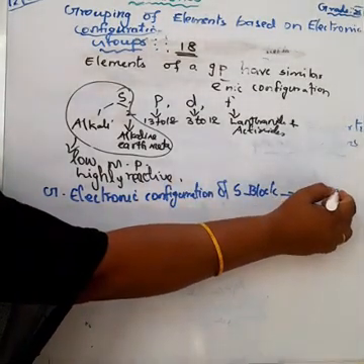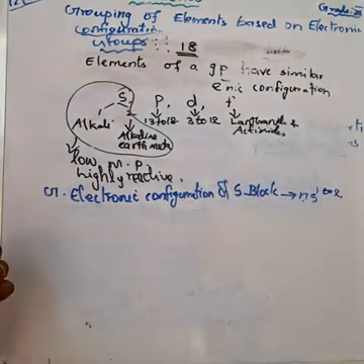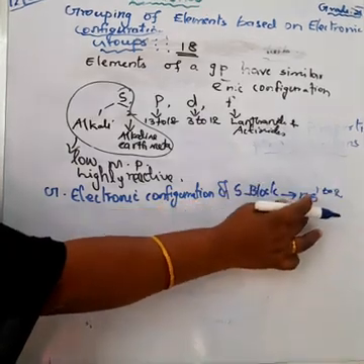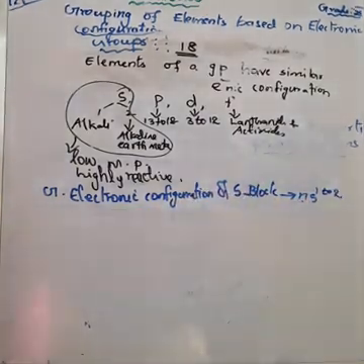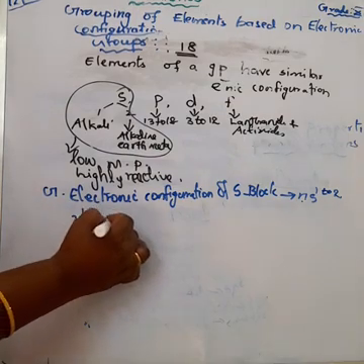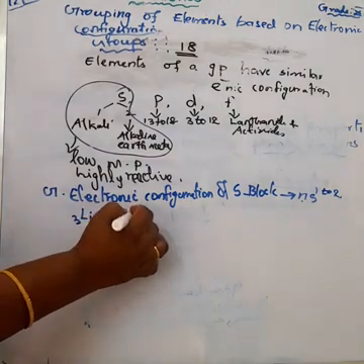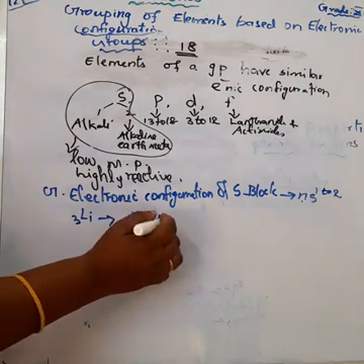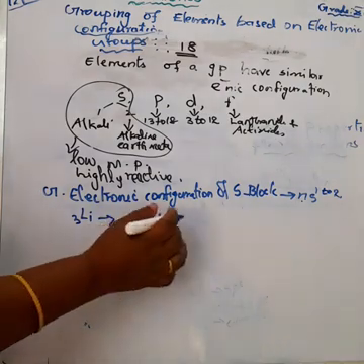For example, for the first group elements, what are they? Lithium, sodium, potassium, rubidium, cesium, francium. Lithium has atomic number 3. How many shells does it have?